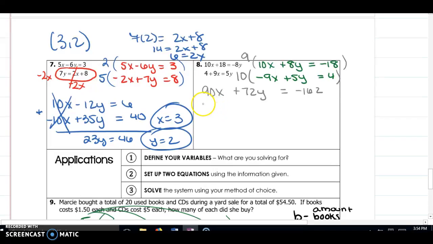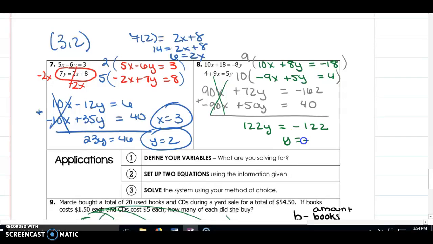The bottom equation becomes negative 90x plus 50y equals 40. And you add them together, the x terms cancel out. The y term becomes 122y equals negative 122, which gives us y equals negative 1.